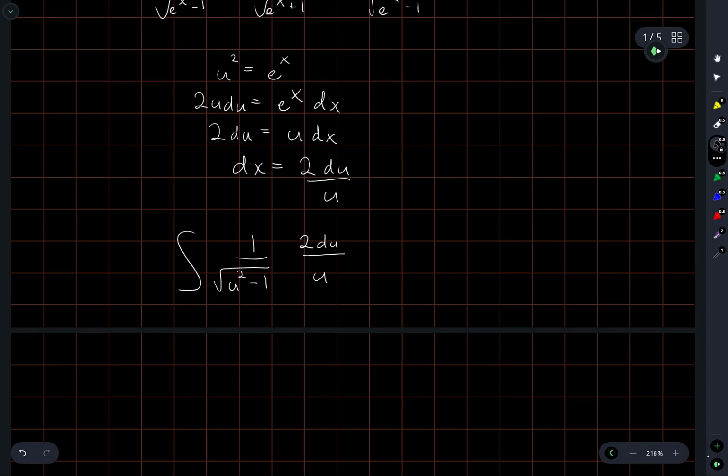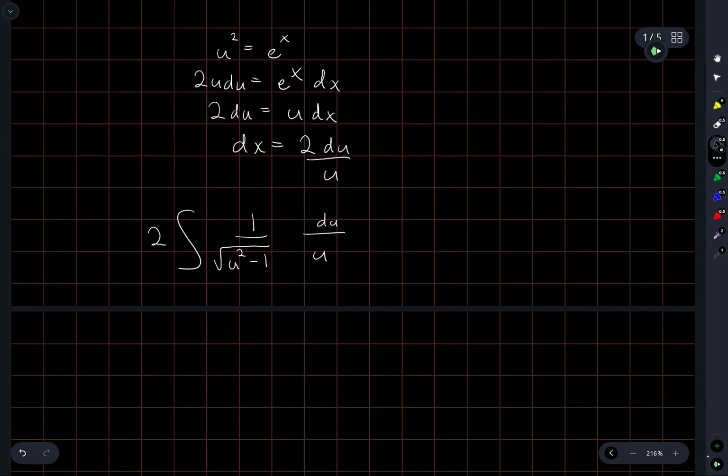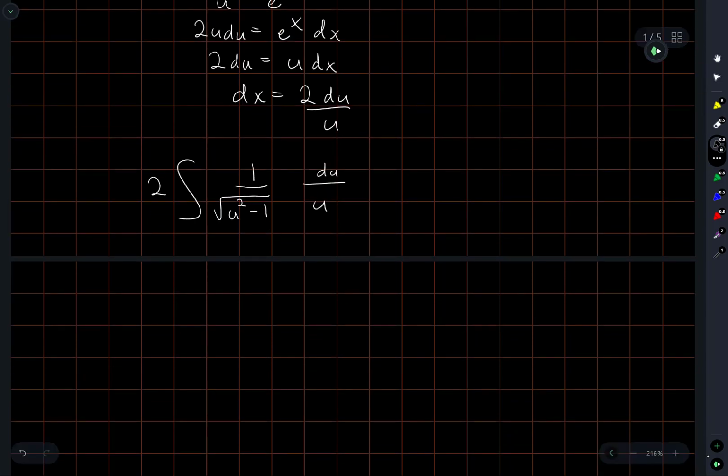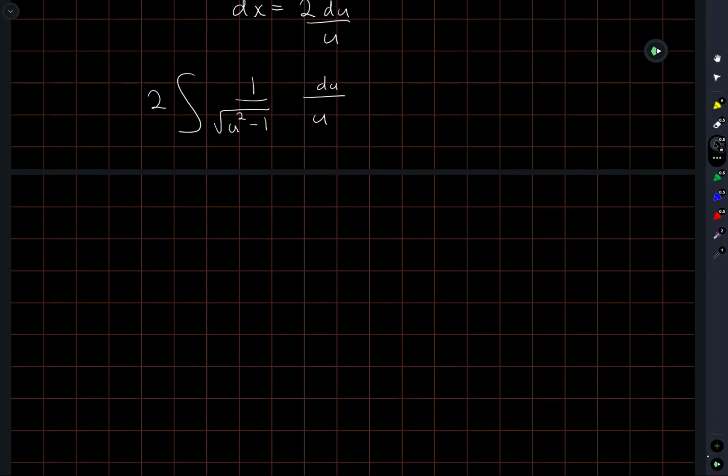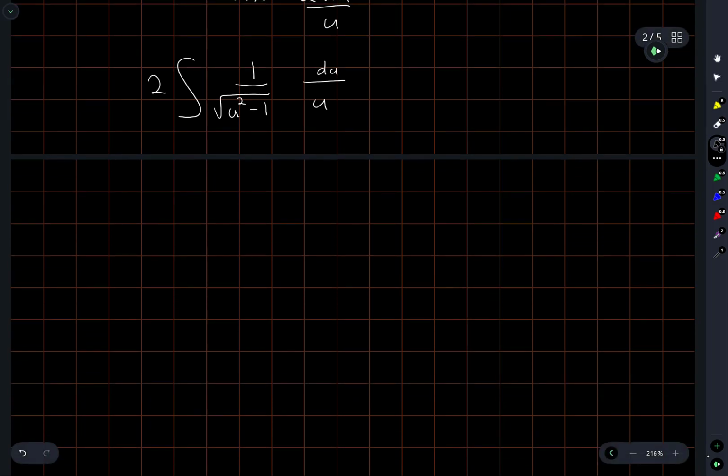This looks like there's a trig thing, or an inverse trigonometric antiderivative. Like, what is this? Is this secant inverse or something like that? Okay, let's do a little bit of rough work.